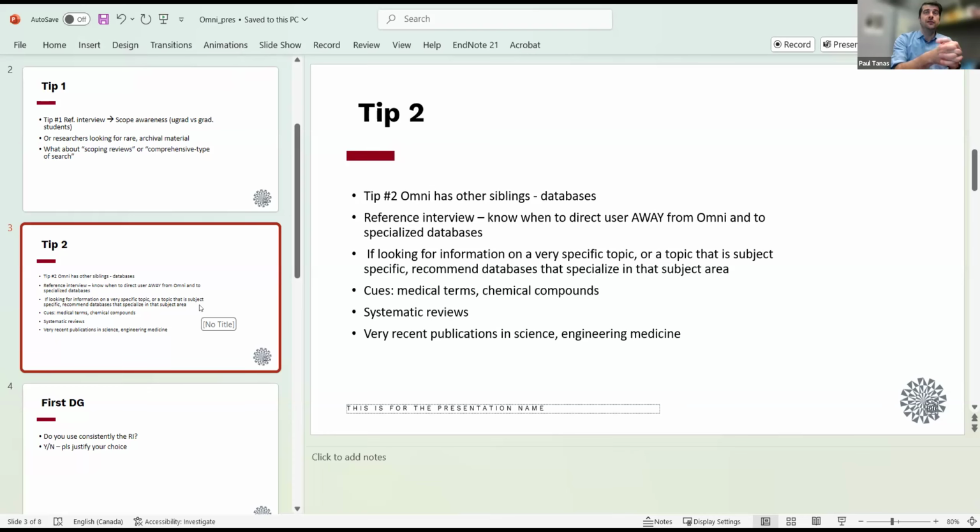If you know about it, you can give them some pointers, but clearly recommend databases, and recommend one-on-one time with the librarian. Another cue, as I put it on the slide, is very recent publications in fast-moving fields: science, engineering, medicine, and biomedical, everything that has medical in it.